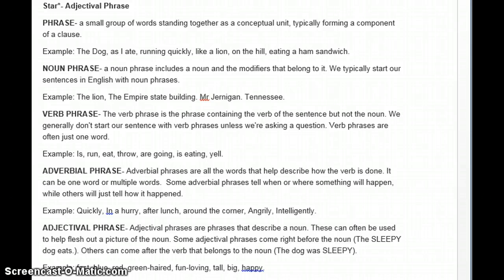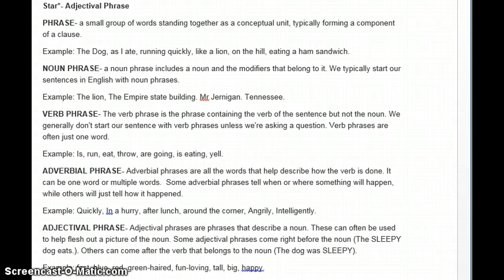Adverbial phrases are based on the definition of an adverb, which is a word that tells us how, when, or where an action was done: where a verb happened, how a verb happened, or when it happened. It can be done in one word, and it can also be multiple words.